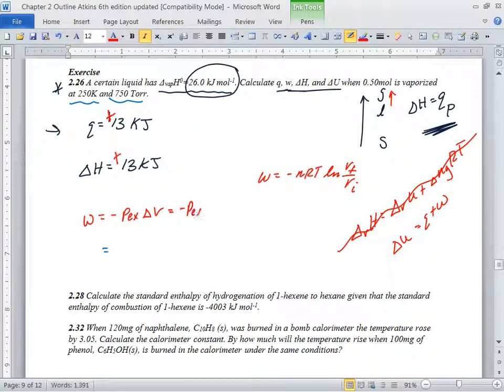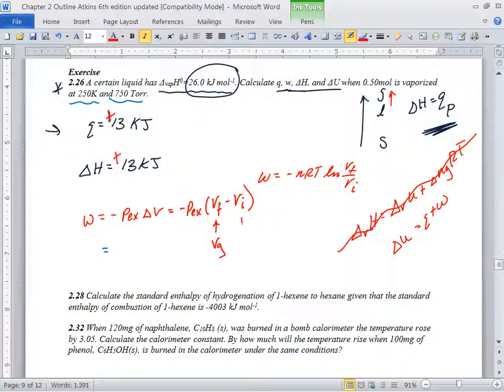Negative P external. Delta V is what minus what? V final minus V initial. Okay, so we're vaporizing. So we're going from a what to a what? Liquid to gas. So what's the VF? The VF is the volume of the liquid or the gas? Gas.